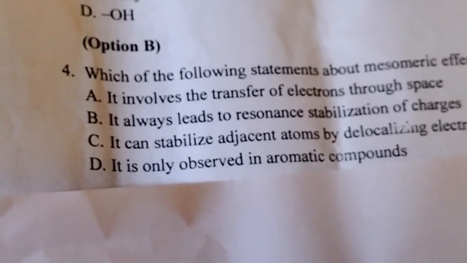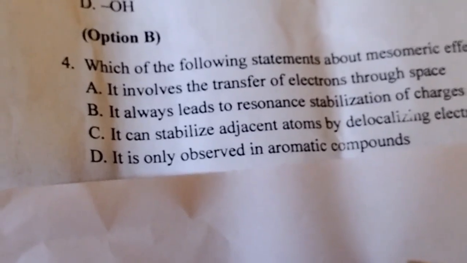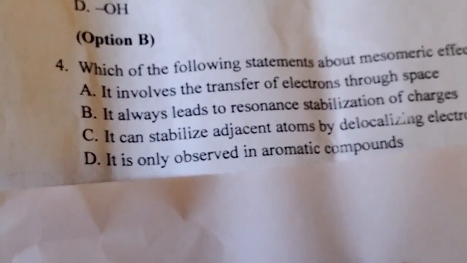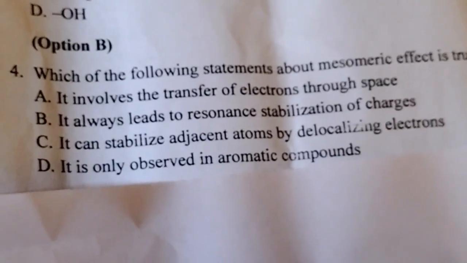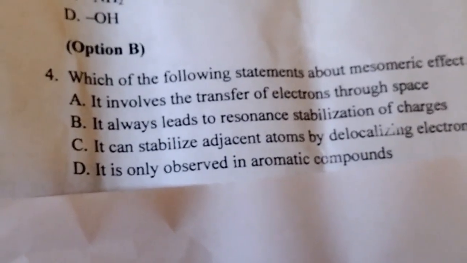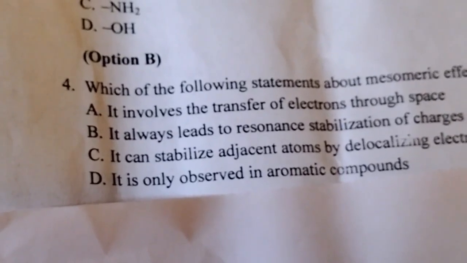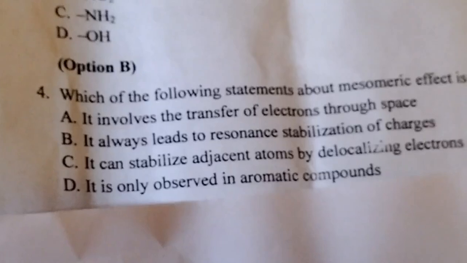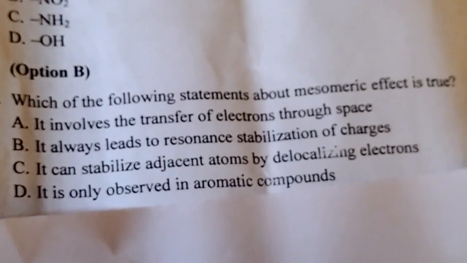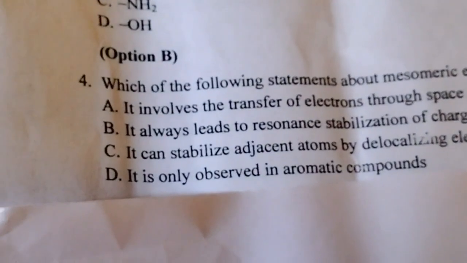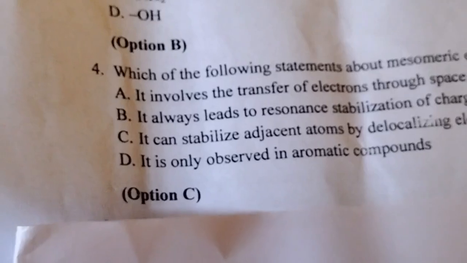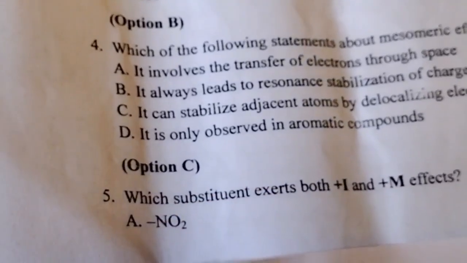Because aromatic compounds are not the only conjugated compounds we have in chemistry. If you say aromatic compound, you are trying to restrict it only to aromatic compounds. So conjugated compounds must not be aromatic only. So the correct answer we're going to choose is C. It can stabilize adjacent atoms by delocalizing lone pair of electrons. So the answer to number 4 is option C.